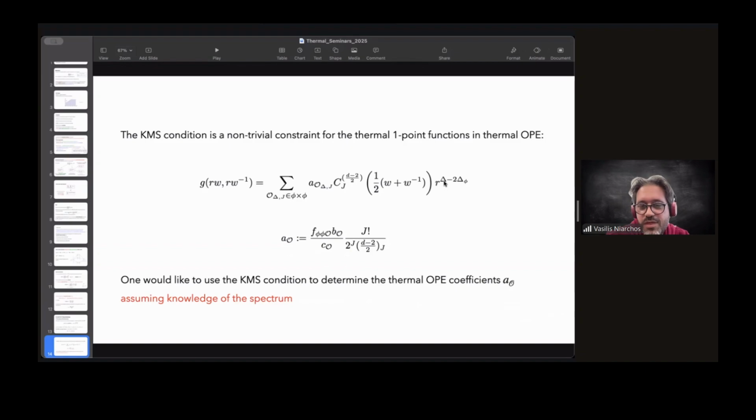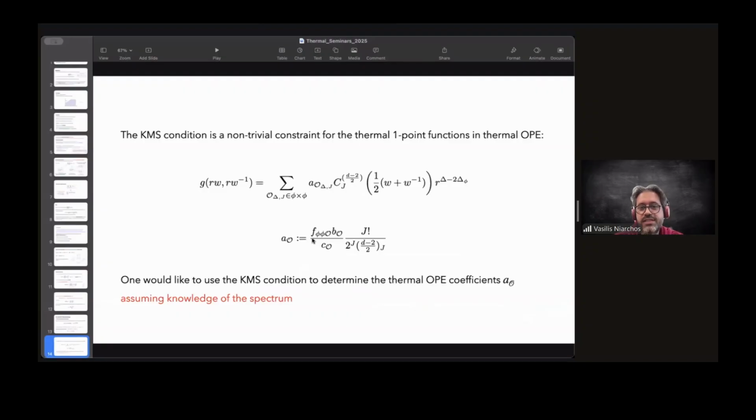So this is basically what they are. And A_O is expressed in terms of the 3-point coefficients f_phi phi O, and the thermal one-point functions b_O, and C_O is the 2-point function of phi phi.